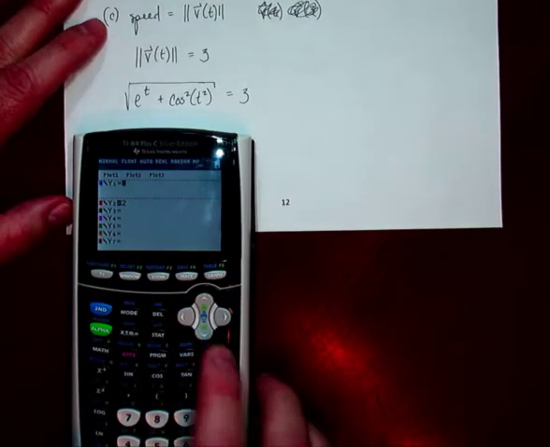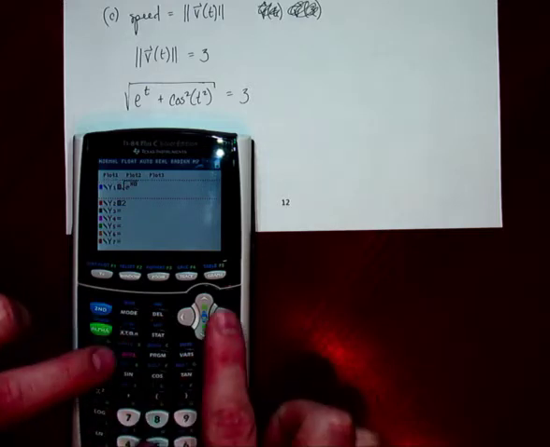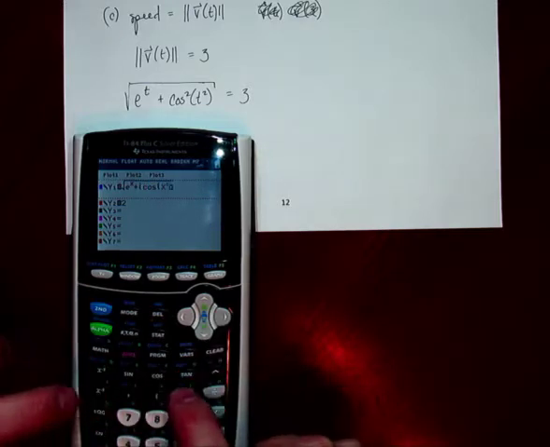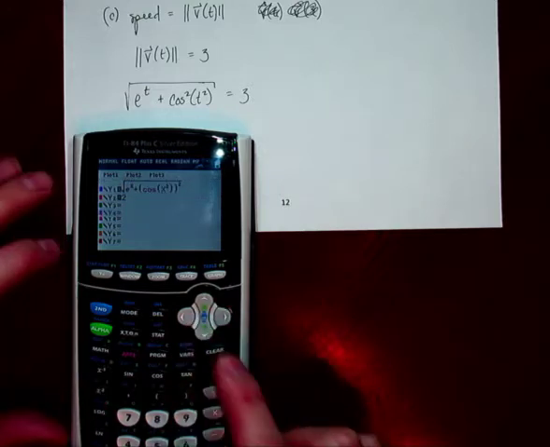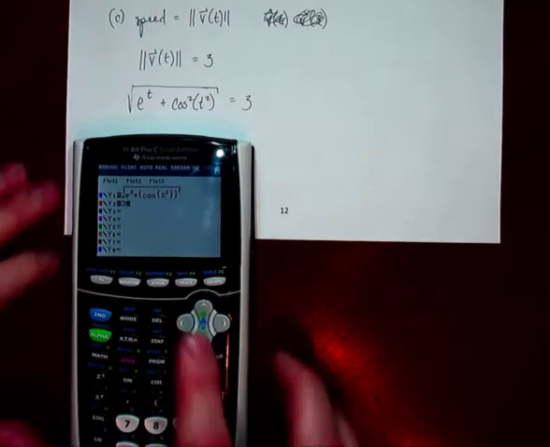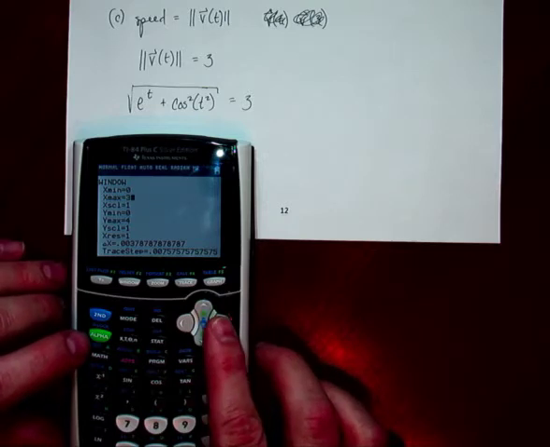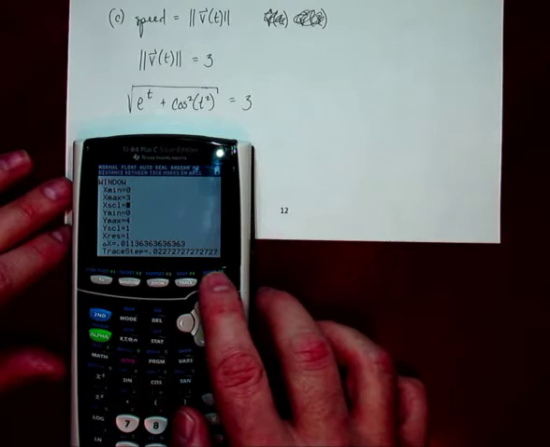What I need to do is put this in as e to the x plus cosine of x squared, and then square that as well. And I need to know when that's equal to 3. And I need to change the window because it's not going to be between 0 and 1, but it is going to be between 0 and 3.